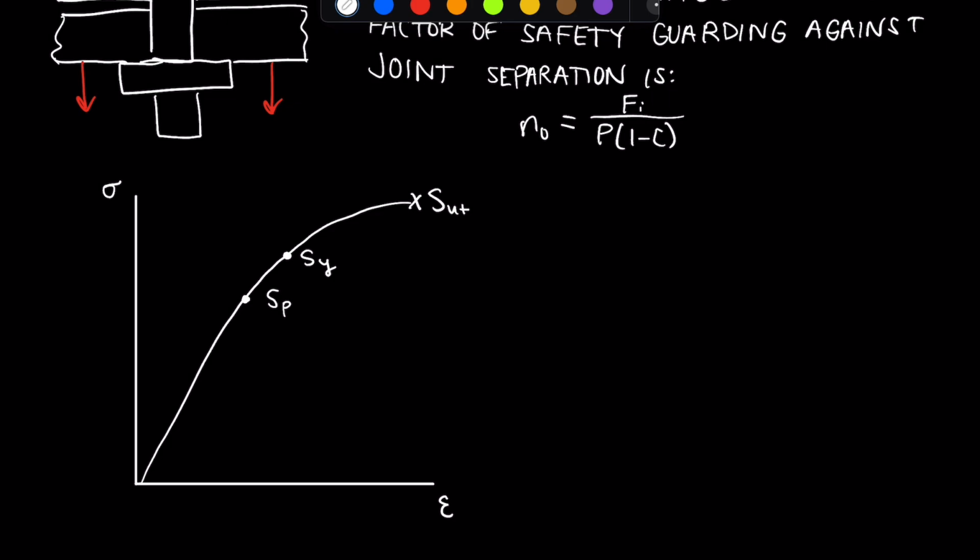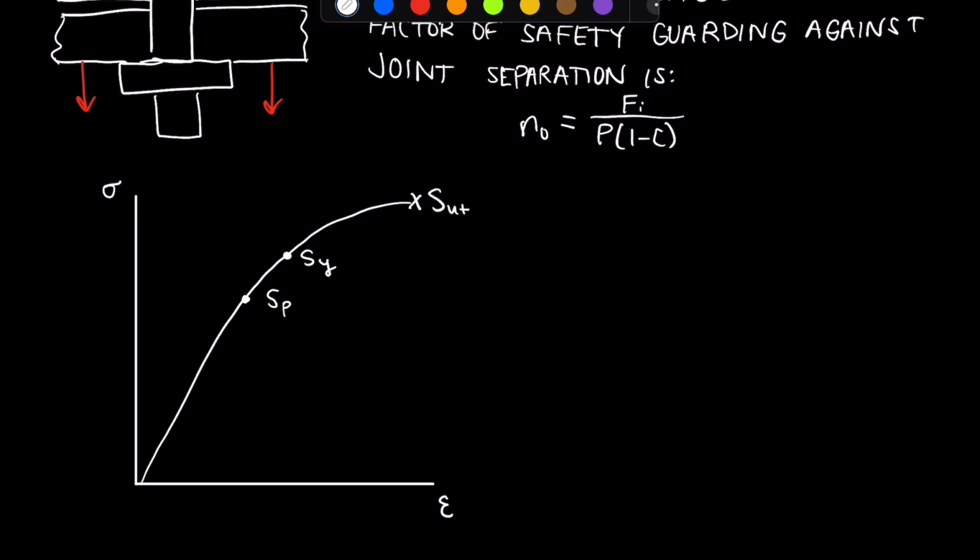This is what keeps a bolt tight and determines our joint strength. Now, the amount of preload that you apply to a joint determines the strength that the joint has before any external load is applied.